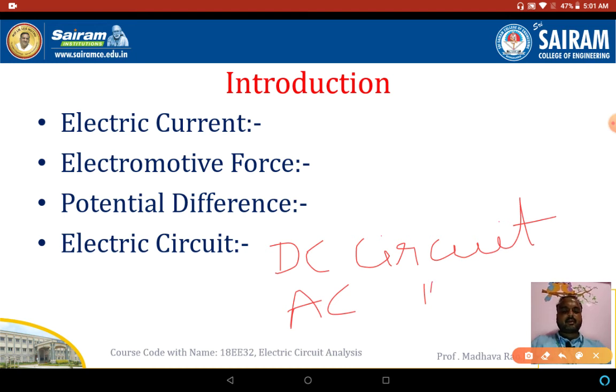A DC circuit is an interconnection of a constant voltage source or constant current source with resistors only. An AC circuit is an interconnection of a variable voltage source and variable current source, that is alternating current and alternating voltage sources, with resistors, capacitors and inductors.